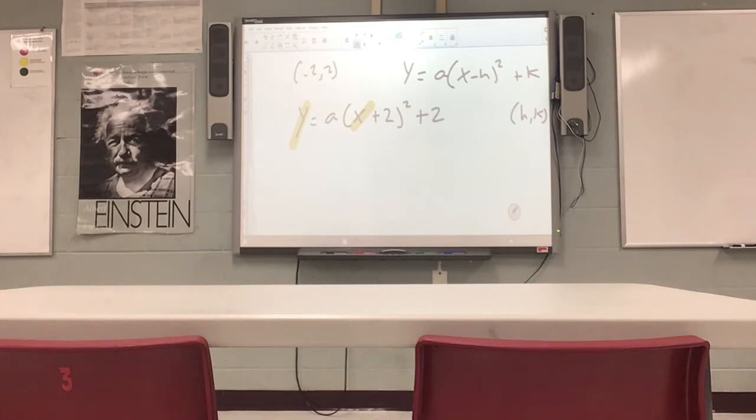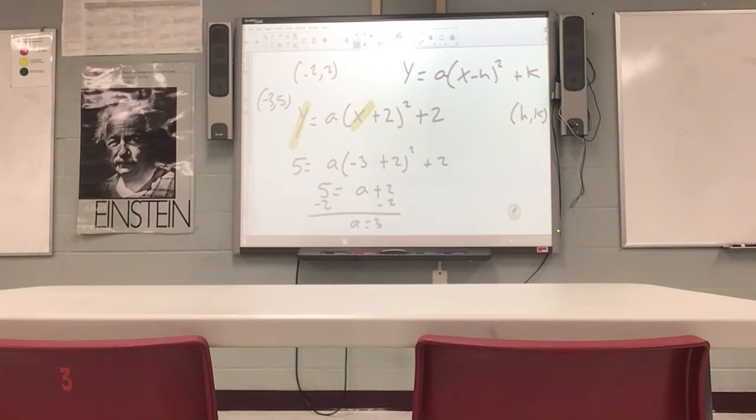Can you see that the parabola goes through -3, 5? So I'm going to plug a 5 in for the y, -3 in for the x. -3 plus 2 is -1, -1 squared is 1, so 5 equals 1a plus 2. So subtract your 2, and a has to be 3.